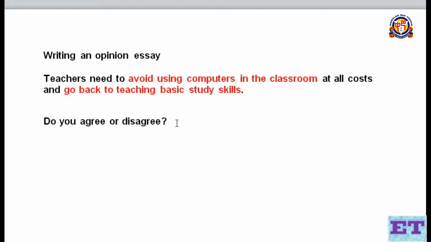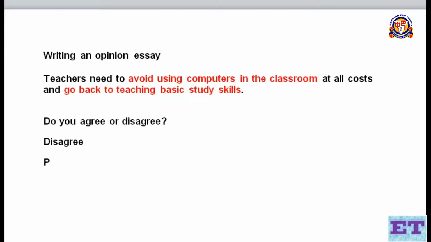Now, after we have already identified the key case, then we are going to take the position whether we agree or disagree. So let me say I disagree with this statement. Disagree, right? So after you have already taken the position, then make a plan.